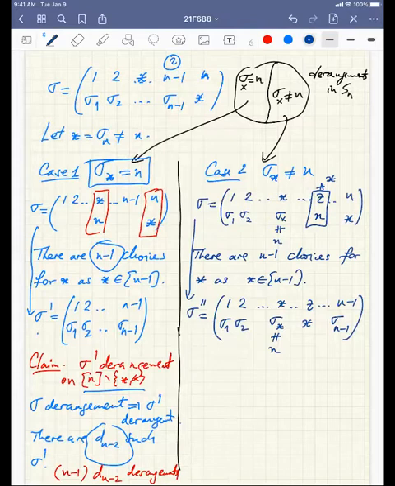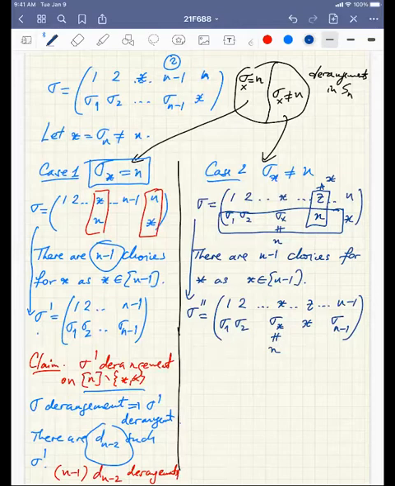Okay. Now, at the bottom, it should be clear that in the permutation sigma, if we look at the second row, except for the last entry, what we saw was the set n without the element x.